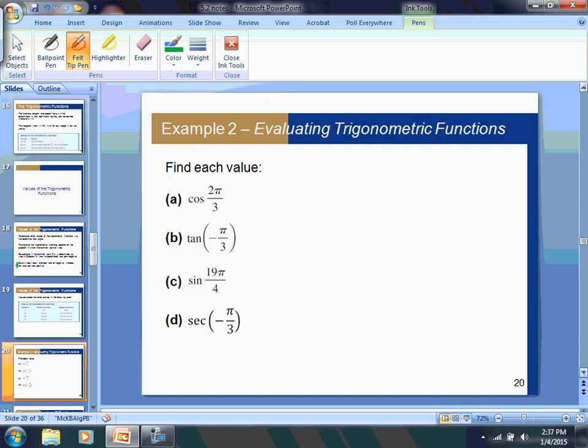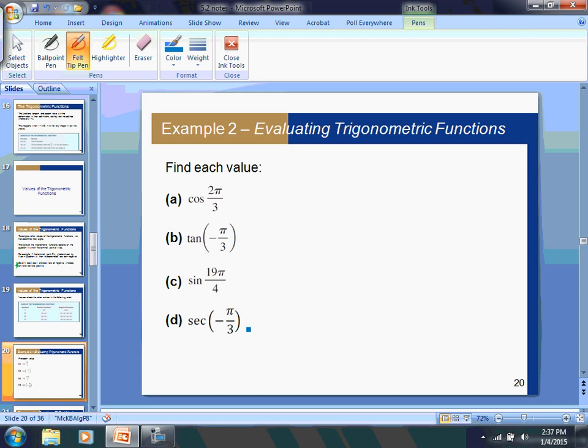So let's take a look at this example. This is our last example here. And we're going to find the value of these trigonometric functions for these radian measurements around our unit circle.